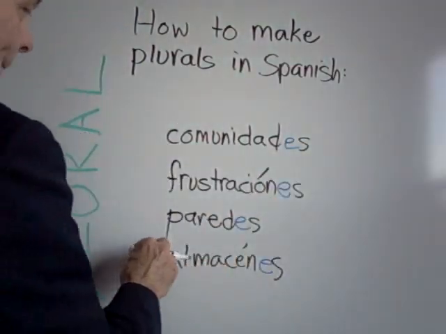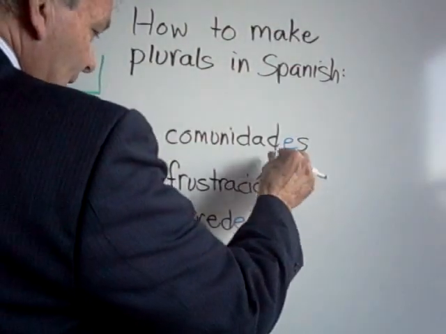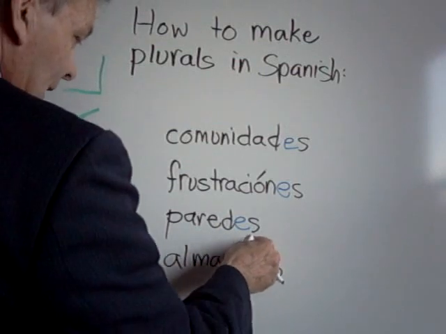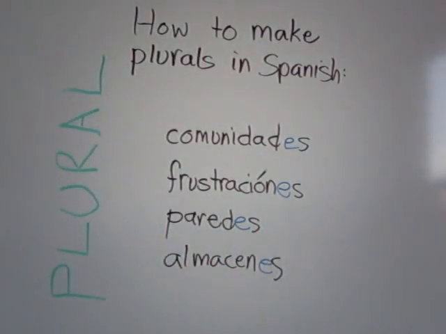Frustraciones, frustrations. Paredes, that is walls. And almacenes, which are storage houses or warehouses. So remember that if it ends in a consonant, instead of just adding an S, you'll add an ES.